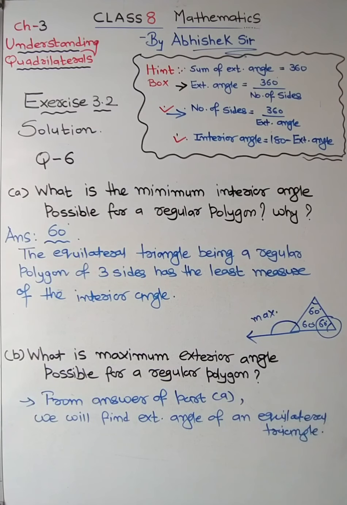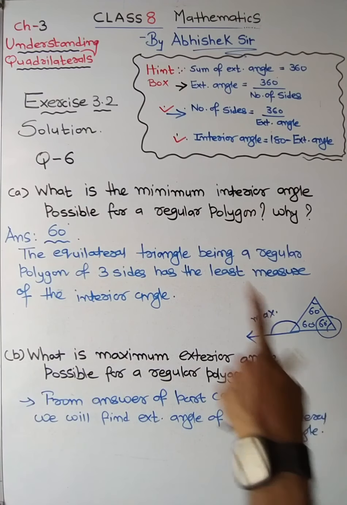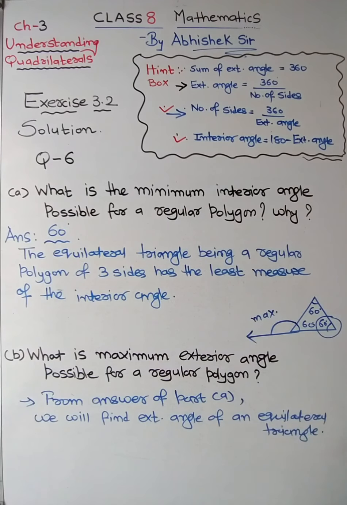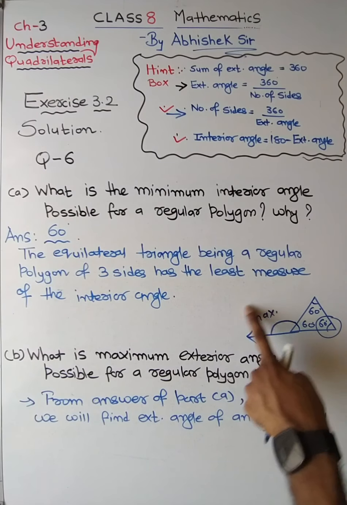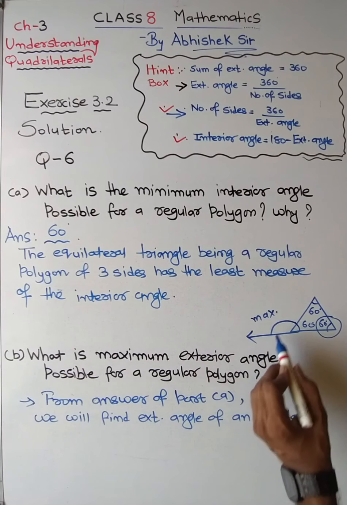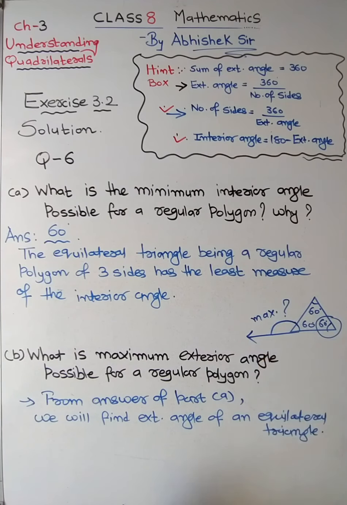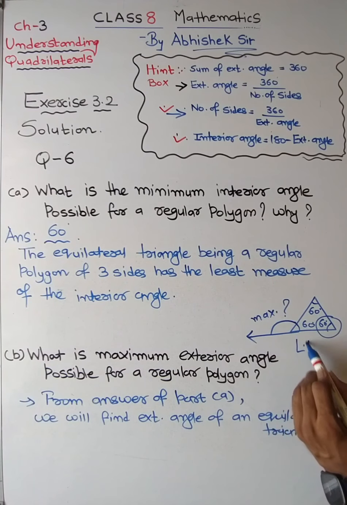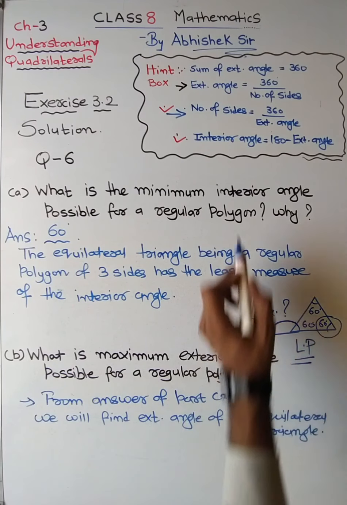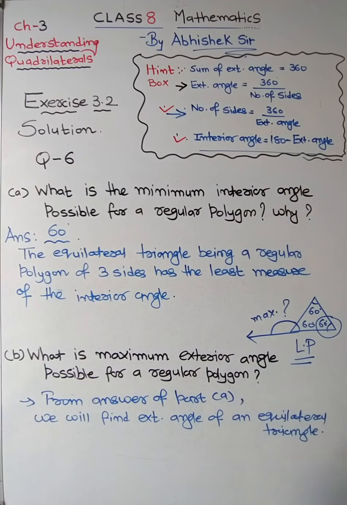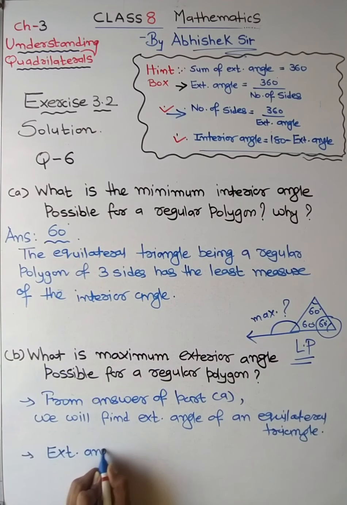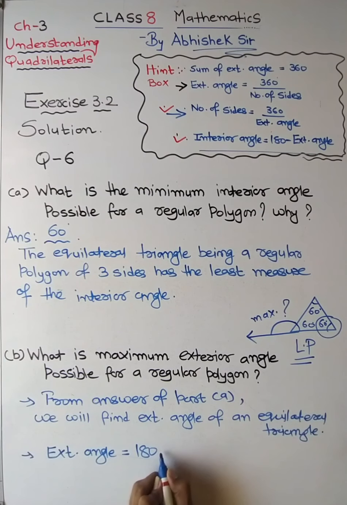Remember, the minimum is only possible in an equilateral triangle, that is why its exterior angle will have the maximum value, and for finding the exterior angle we just have to use the linear pair property, right? Or you can also use this property, just exchange, so it will be exterior angle equals 180 minus the minimum interior angle, that is 60 degrees, and that is nothing but 120 degrees.